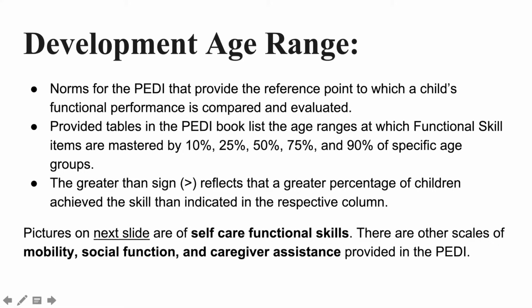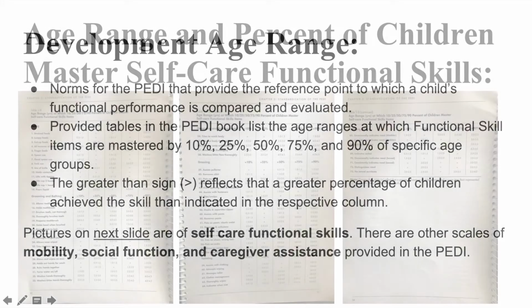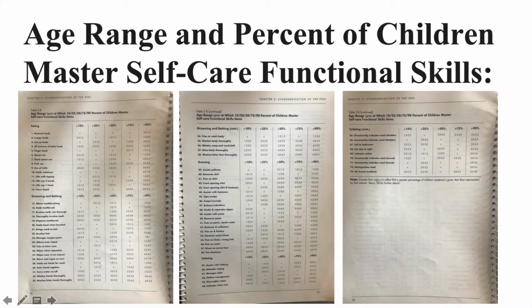On the next slide, there's an example of self-care functional skills and other scales of mobility, social function, and caregiver assistance provided in the PEDI. And so here's the example of the age range and percent of children for mastering self-care and functional skills, which can be really handy to help mark progress for a child that you're using this assessment for.